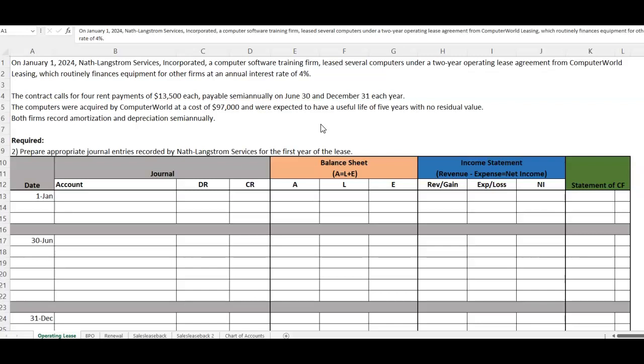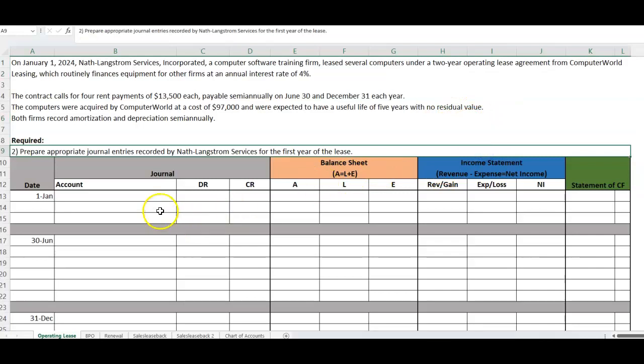The lease term versus the economic life: this is a 2-year lease, has a 5-year life, so we are not using a substantial portion of the life. Now we need to find the present value of the minimum lease payments. We'll check that. And the last thing would be if it's specialized, and computers are not specialized. So really, the only criteria here that could turn it into a finance lease instead of an operating lease would be the present value of the minimum lease payments.